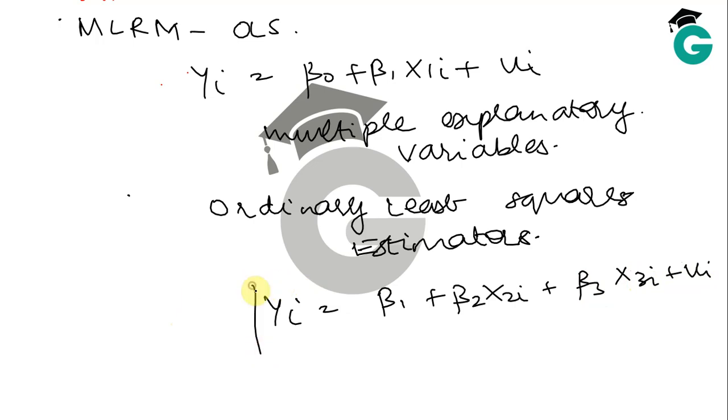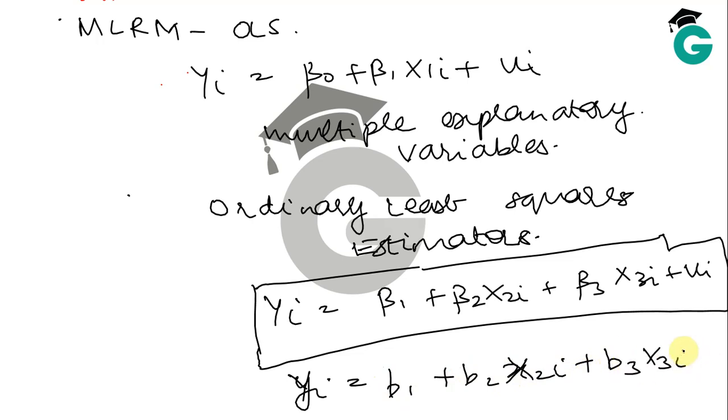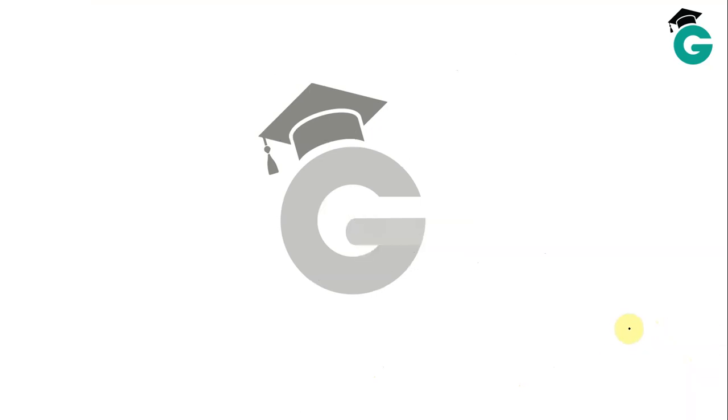So this is your PRF, and you have your residuals sitting right here, your errors basically. If I were to write the sample analog for this, it would be b1 plus b2 x2i plus b3 x3i plus ei.